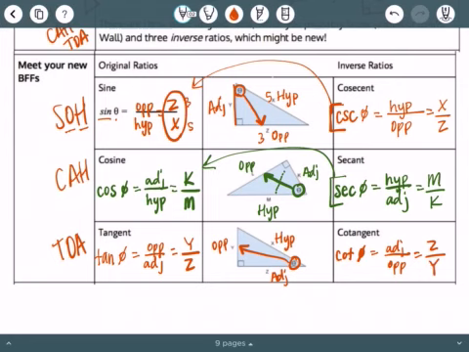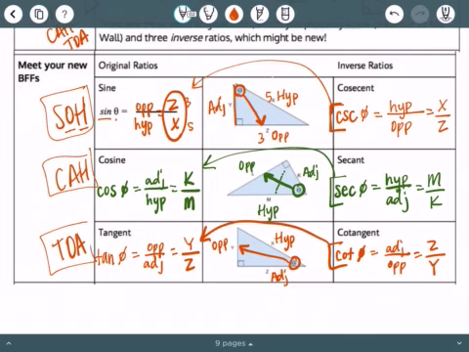All of these will be the opposites of the pieces they go to. So I always like to remember SOHCAHTOA, which is the normal one, and then you only have to remember which ones are the opposite. Cosecant is opposite of sine, secant is opposite of cosine, and cotangent is opposite of tangent. That makes it a little bit easier to remember.